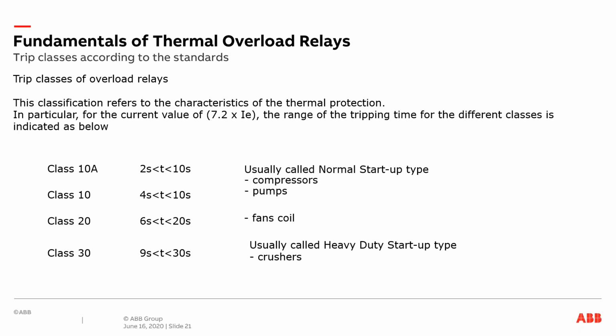Class 10A or 10 you use for a standard normal start type of application, compressors or pumps. Class 20 for fan coils, because they take time to reach full speed. And for heavy duty, class 30, you can see the tripping time is from 9 seconds to 30 seconds.